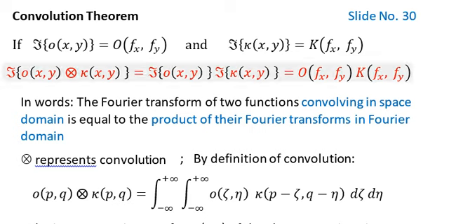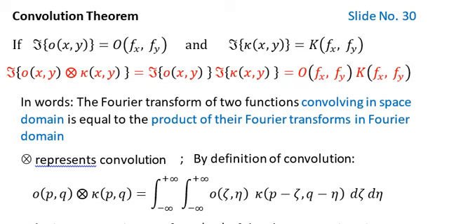then the Fourier transform of these two functions convolved with each other, that is O at x comma y convolved with kappa at x comma y, will be equal to the Fourier transform of O at x comma y multiplied by the Fourier transform of kappa at x comma y, which on the right hand side is capital O at fx comma fy and capital K at fx comma fy.